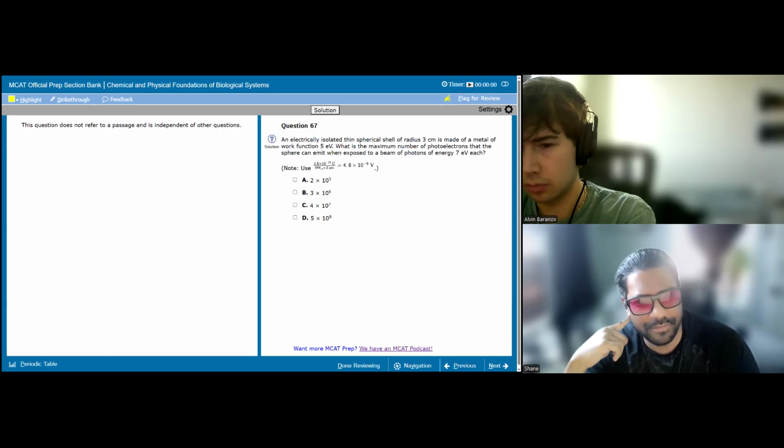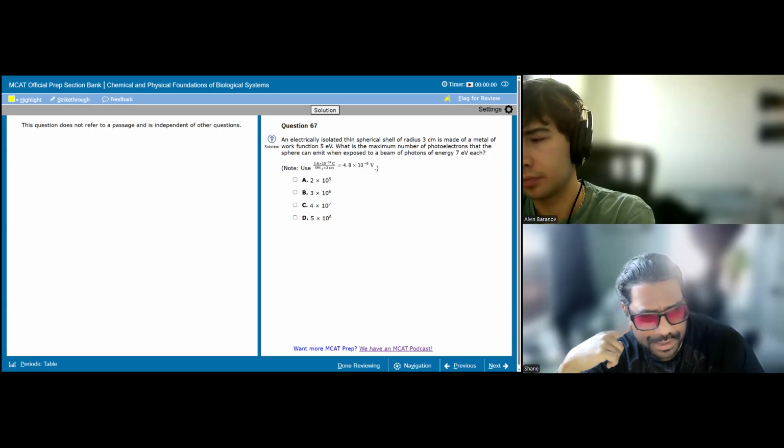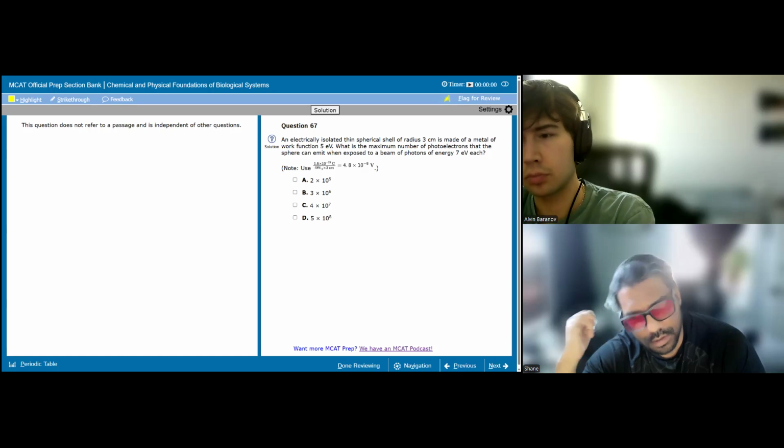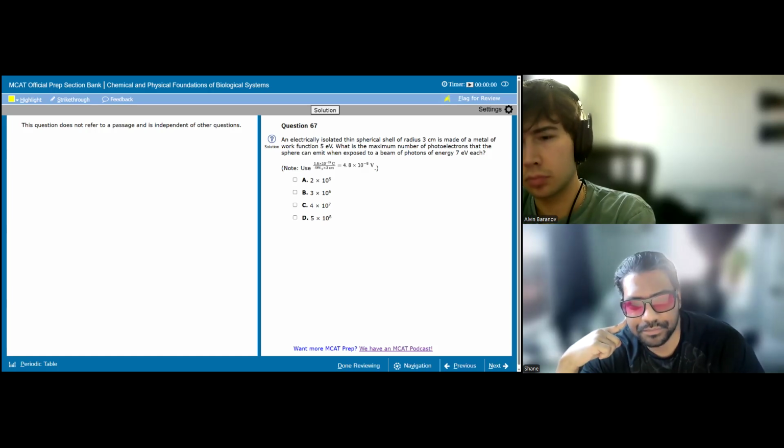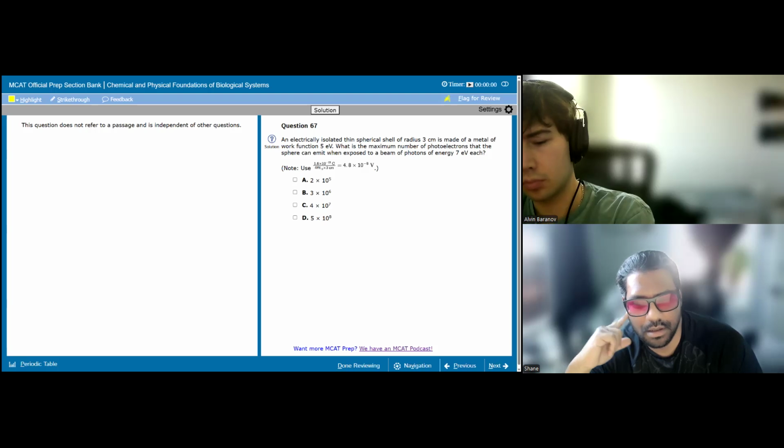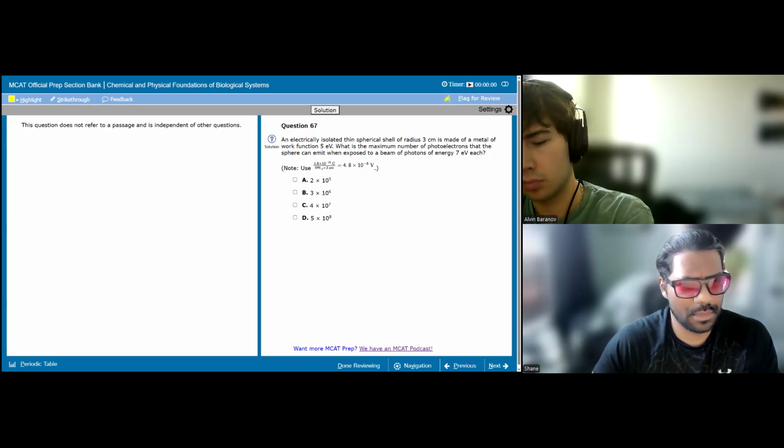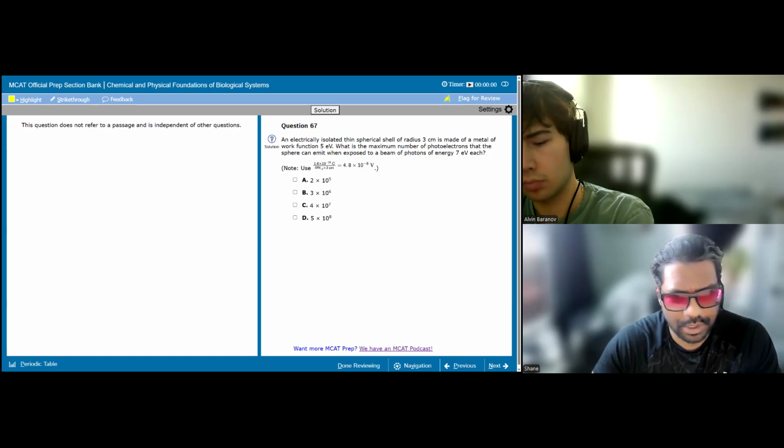And is this equal to a voltage? A voltage, I guess. 6 centimeters. Let's see. Okay, so this many volts.